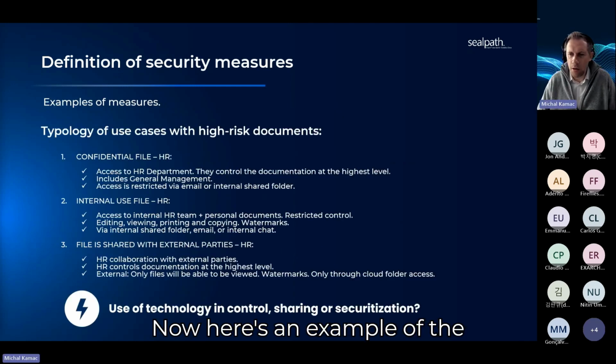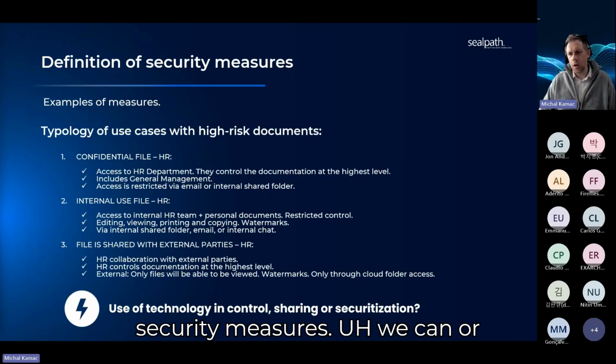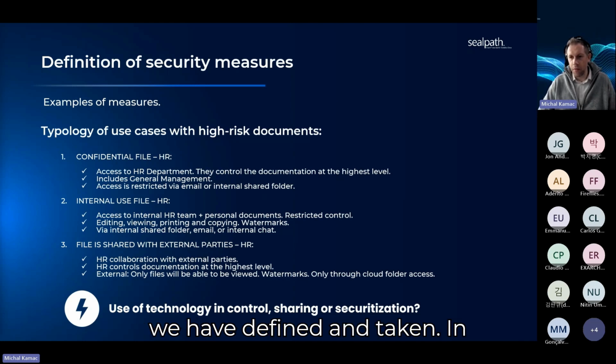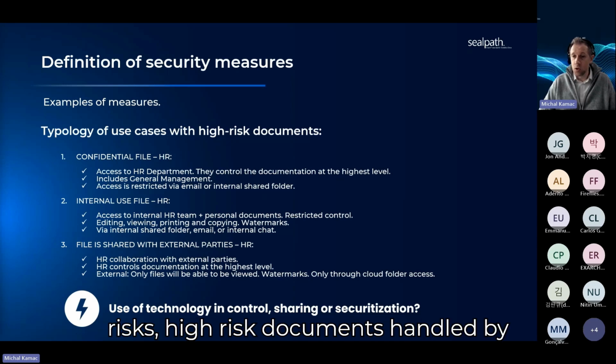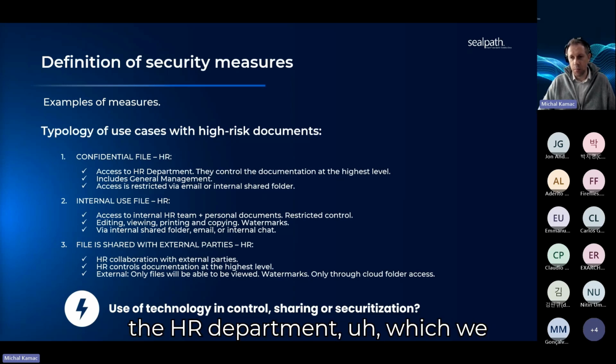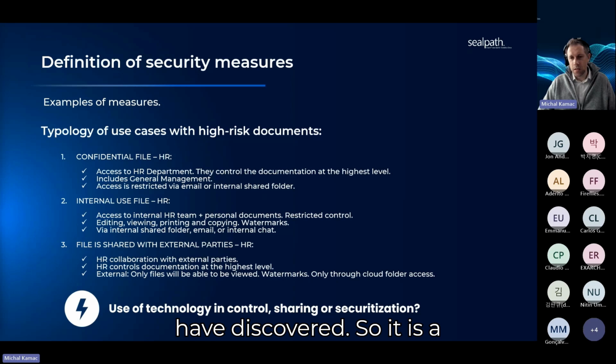Now here's an example of the security measures we have defined and taken. In this case, we have high risk documents handled by the HR department, which we have discovered.